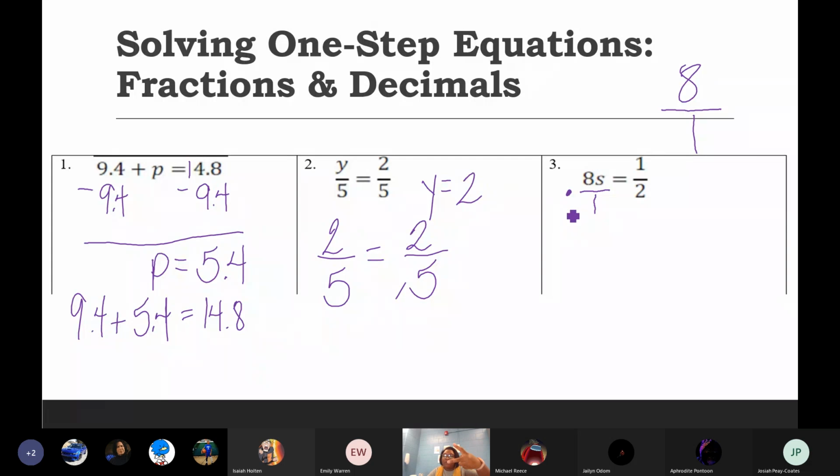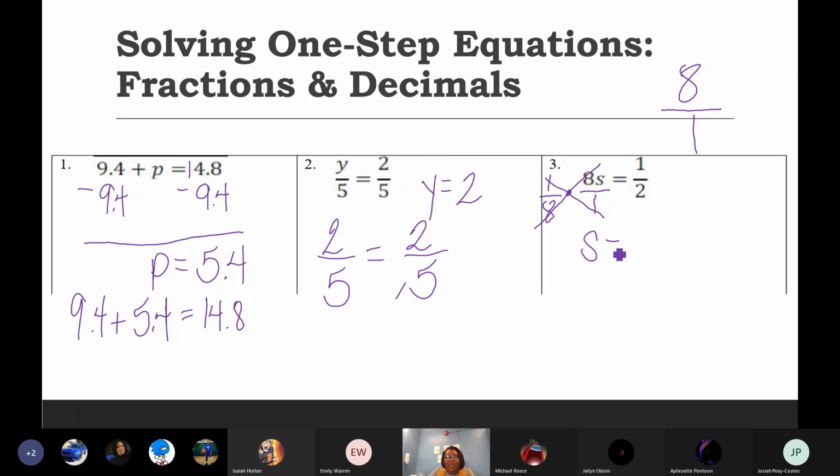I'm just flipping 8 over 1. It's going to be 1/8. Okay? So now these two numbers will cancel out.